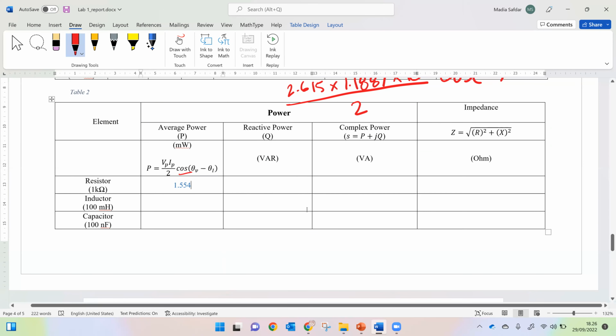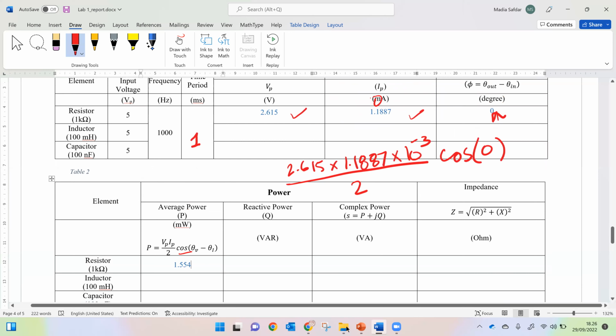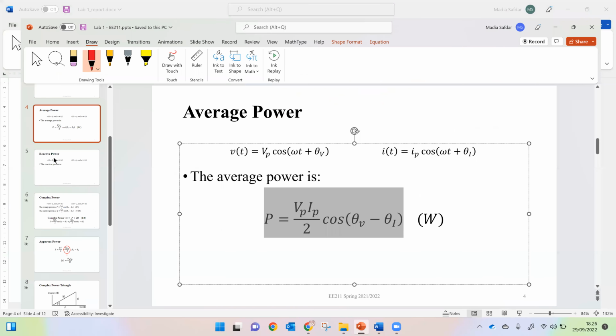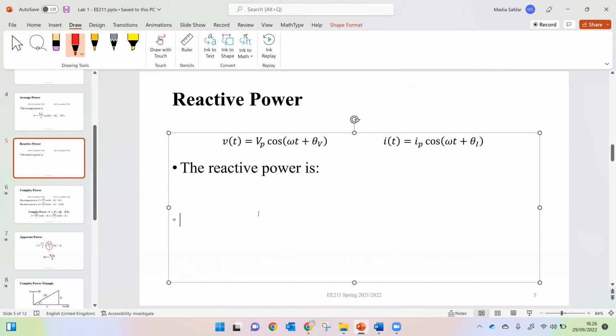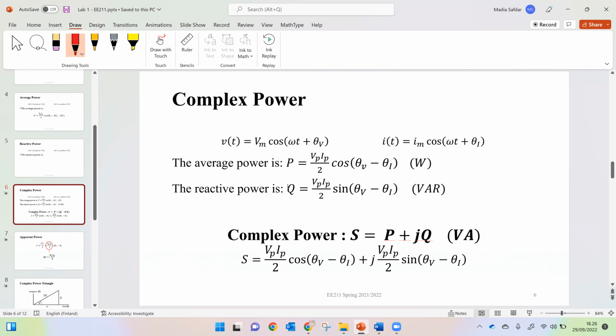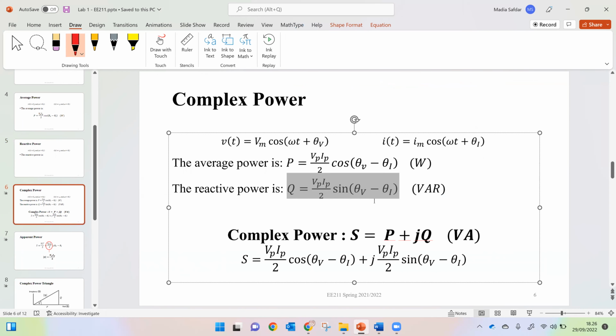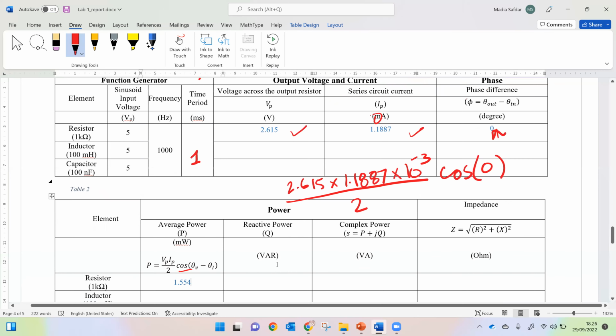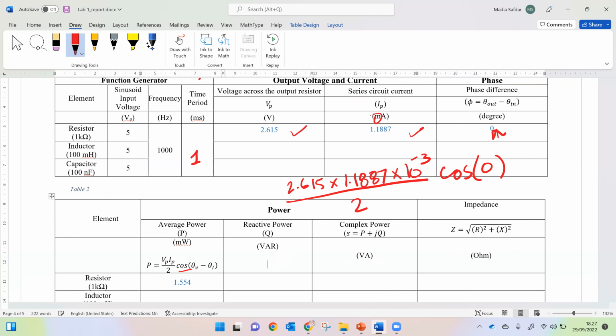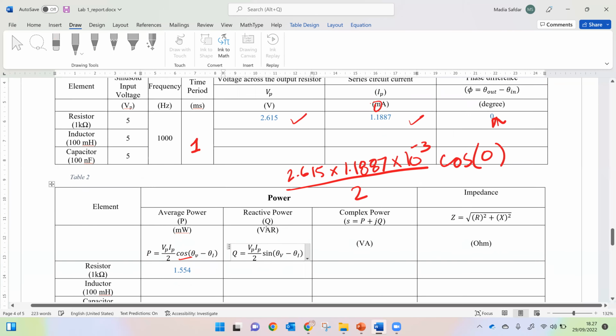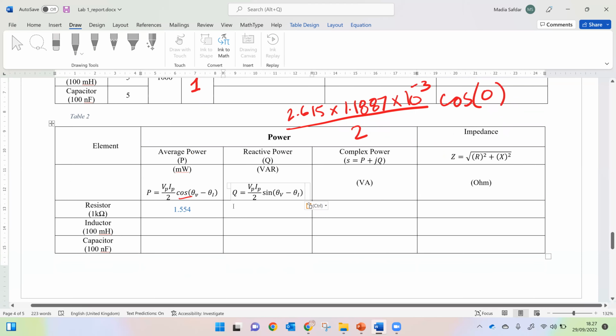Okay, then similarly the formula for the reactive power is this one. Q is equals to Vp Ip, same thing but with sign. Okay, the difference is only sign. Here we have cosine. So same 2.615 multiplied by 1.187.